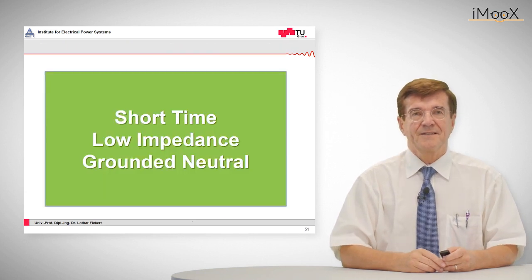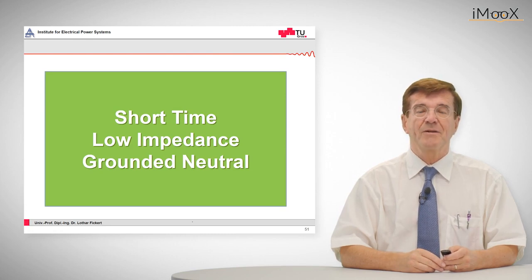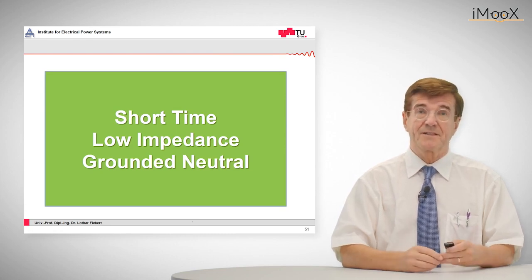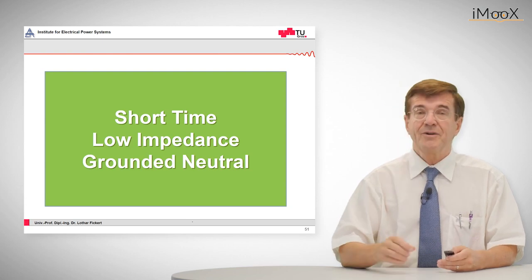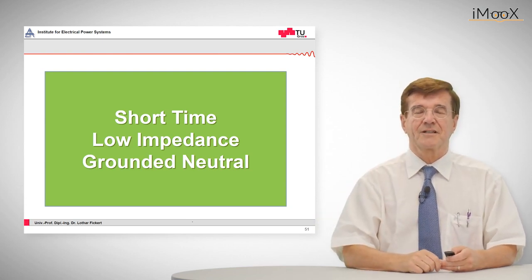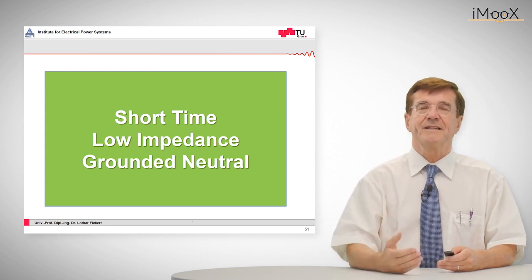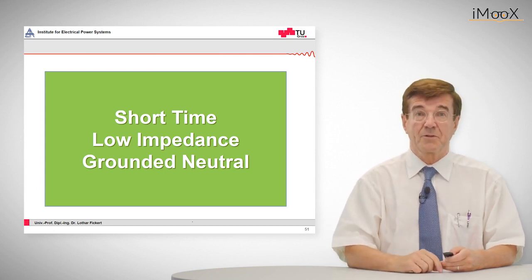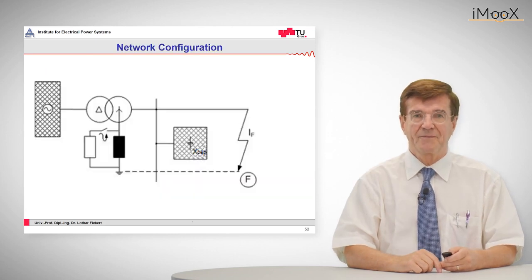The next scheme I would like to introduce, and how we can calculate it, is the short time low impedance grounded neutral. Sometimes it is desirable or necessary to add additional resistances into the neutral current path, thereby increasing the resistive proportion of that current in order to help protection find the fault.